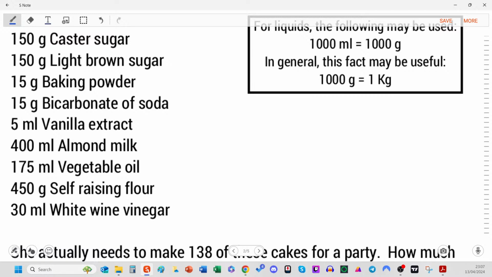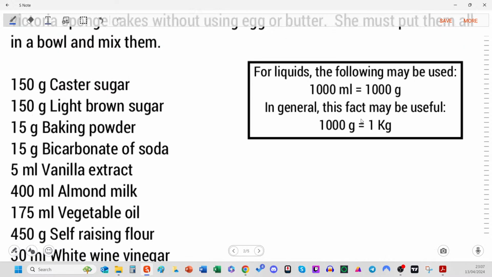Well, it's a really beautiful relationship if the liquid is present in terms of milliliters. 1,000 milliliters roughly translates to 1,000 grams. This is slightly different for things like milk, and for different viscosities. But we're just going to make an assumption in this question that it's all purely watery and this relationship holds.